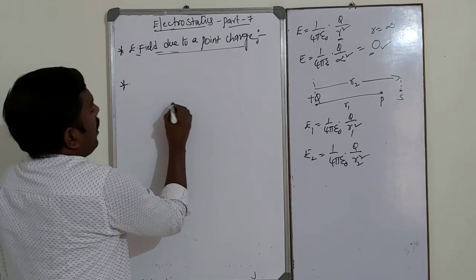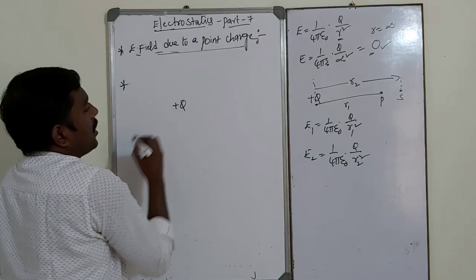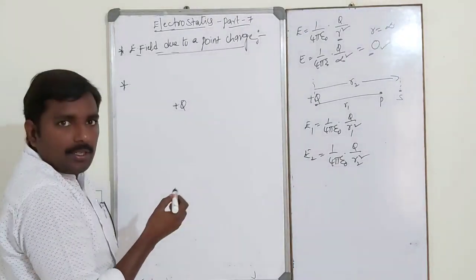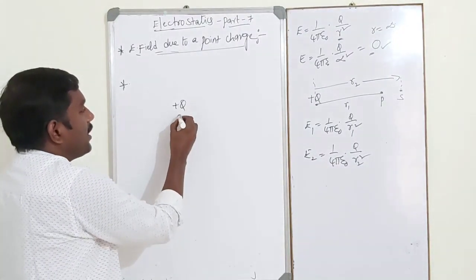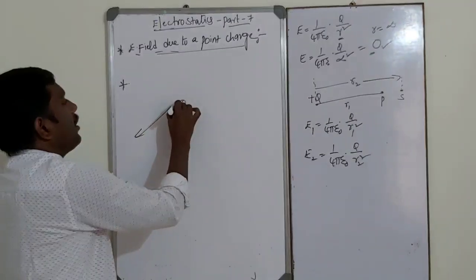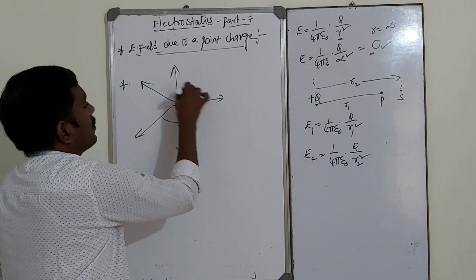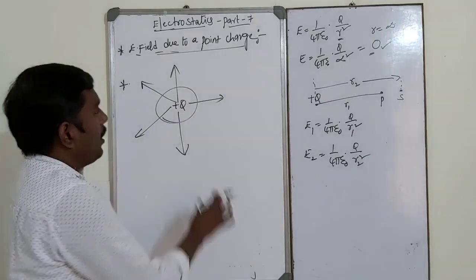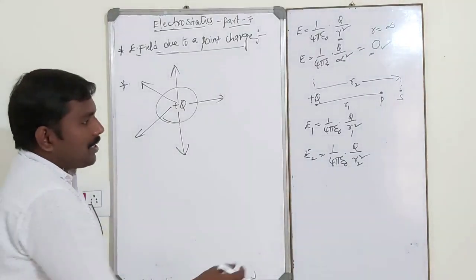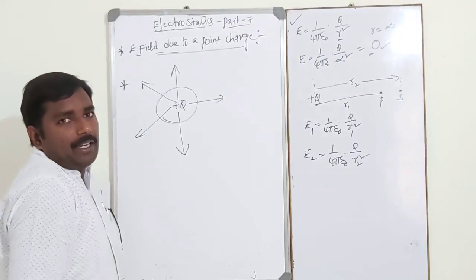This is the positive charge. In this case, the direction of electric field is radially outwards, like this.